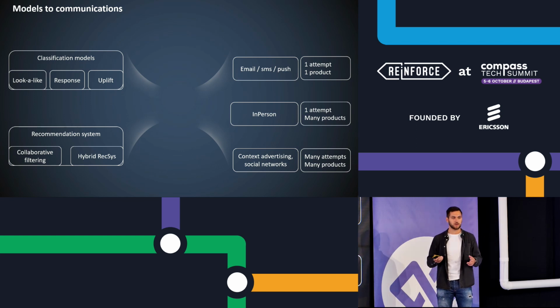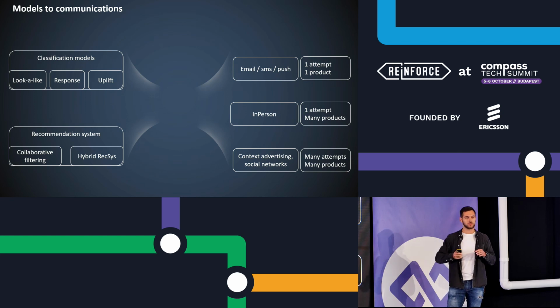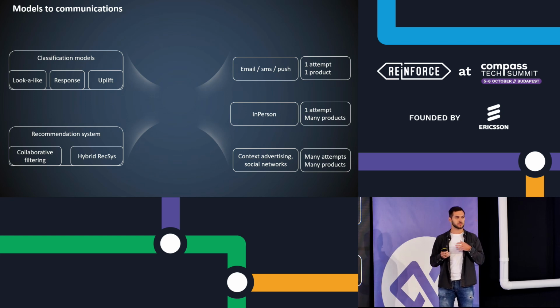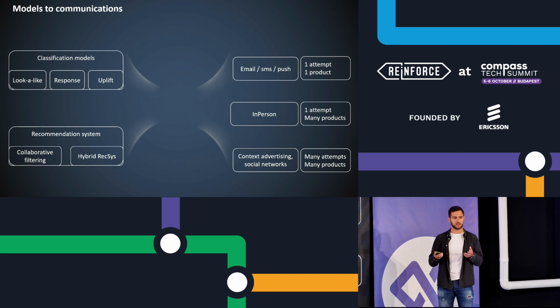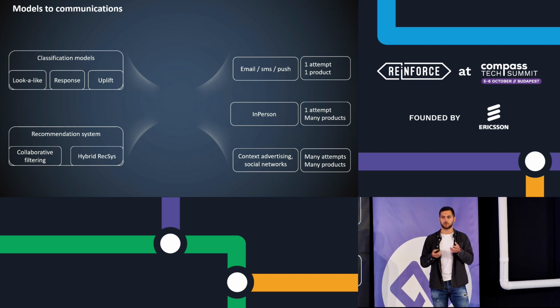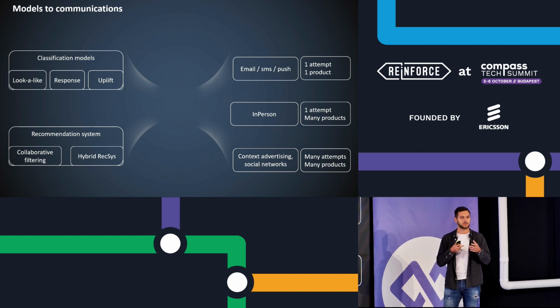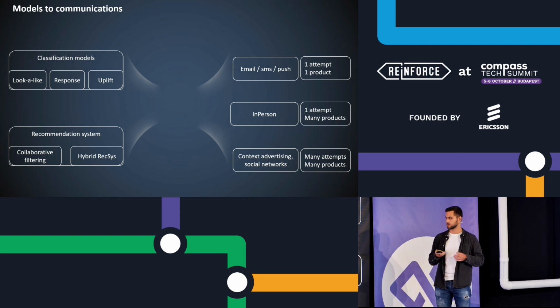In person, it's the same way, but we have many products that we can offer. For example, I'm a sales representative talking to the customer, and I can advise, let's say, 5 products I can explore. And with social networks, we have a lot of attempts, because every time you scroll the feed, you can see different products, and there are different tries to interact with you.